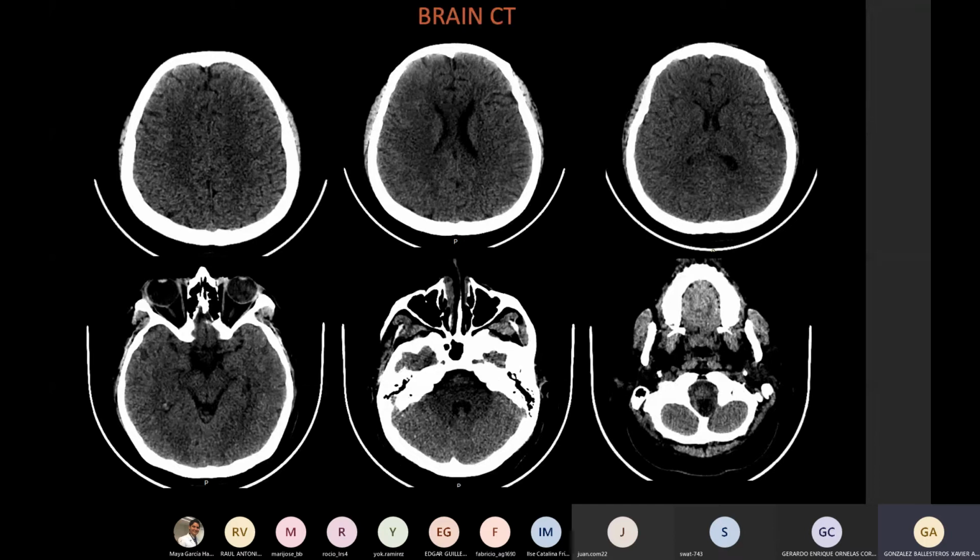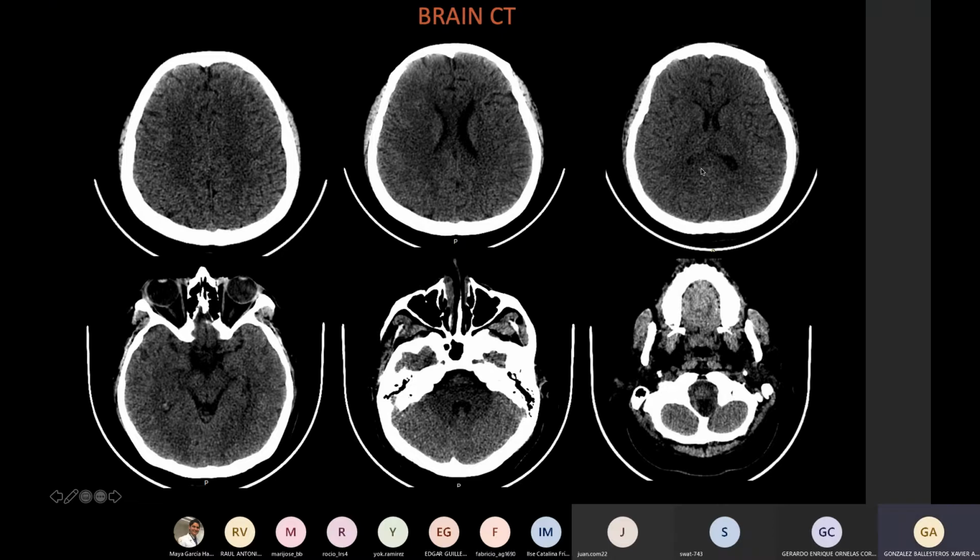And here I'm going to show you the brain CT axial images. And we can see the supratentorial brain. We evaluate the gray matter and white matter, also the differentiation between them, which were normal.